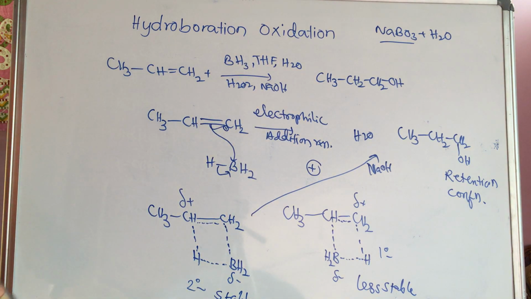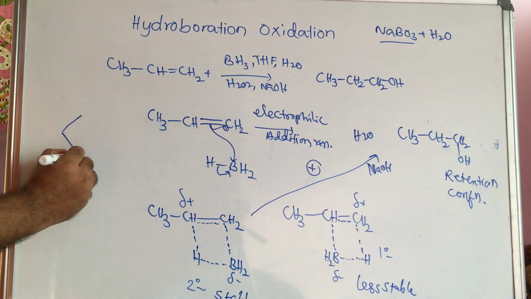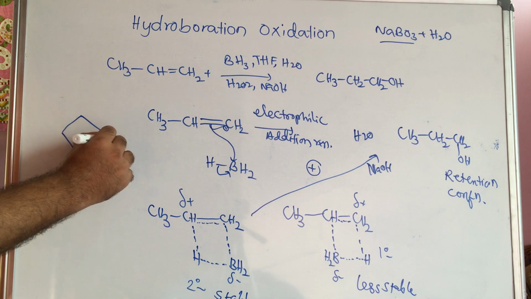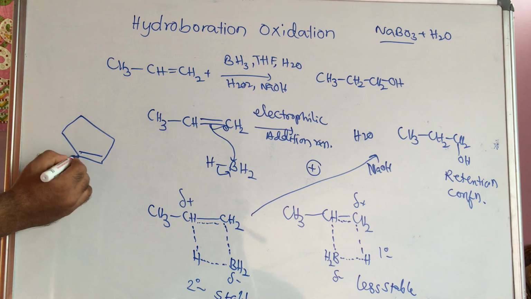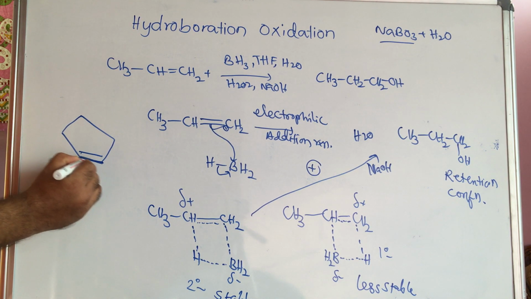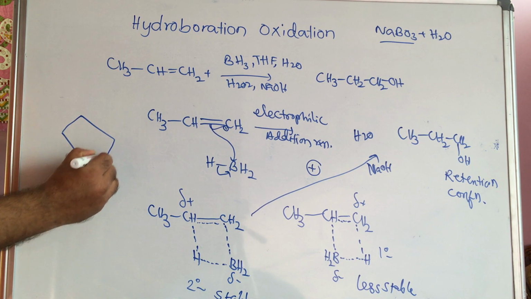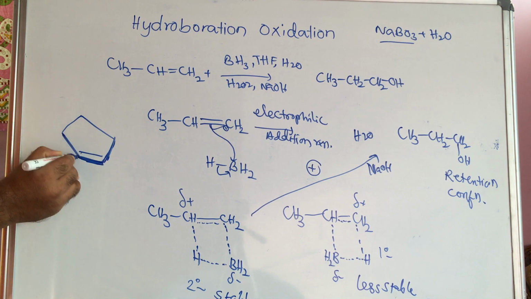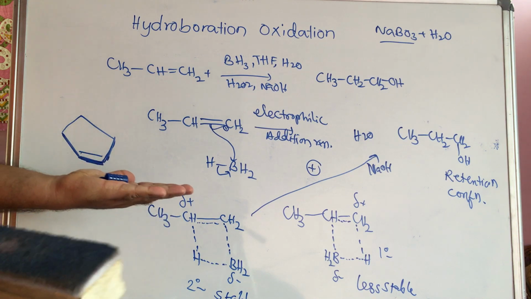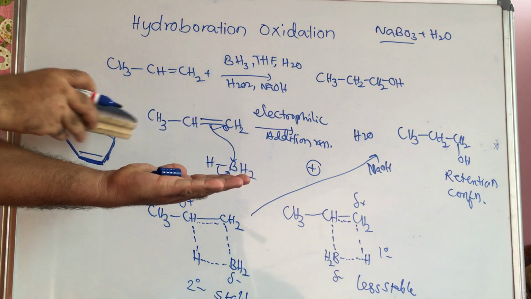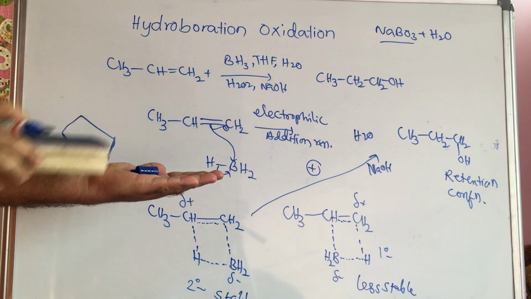Stereoselective, what does that mean? For example, if you take one cyclic alkene, this part will be the front side, which means near to the observer. This corner part is away from the observer.